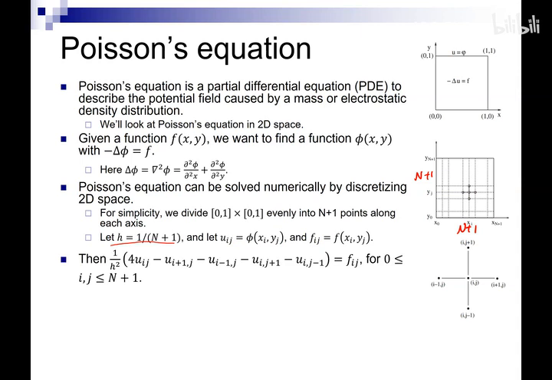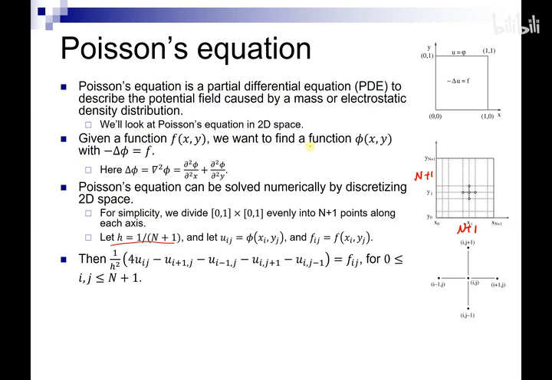Now we want to express this Laplace operator in terms of these values, u and f. The Laplace operator has second derivatives. For a first derivative, we take the value of u at this point, subtract the value of u at this point, and divide by h.